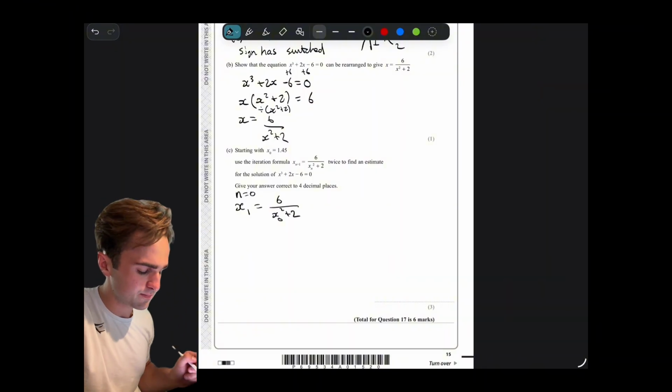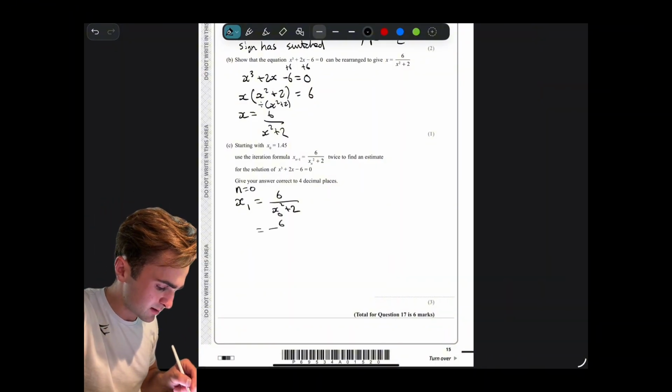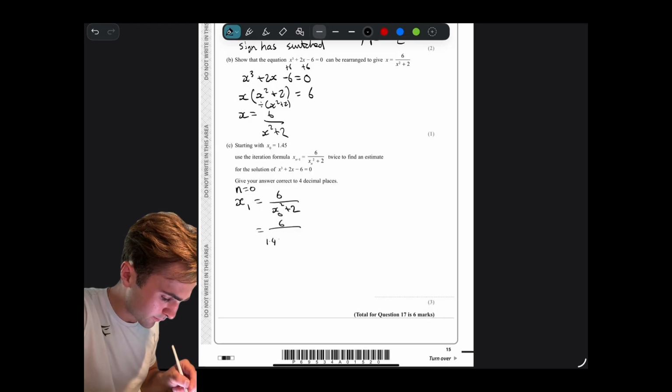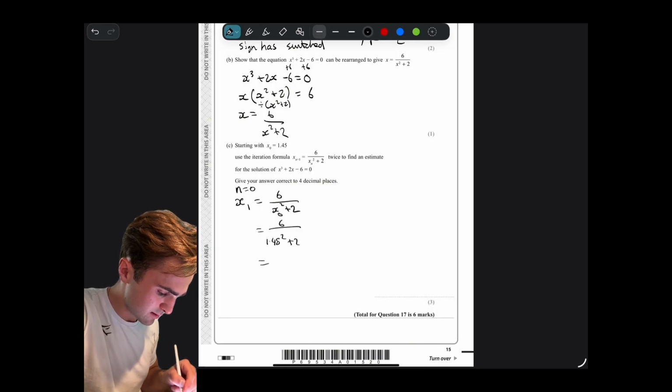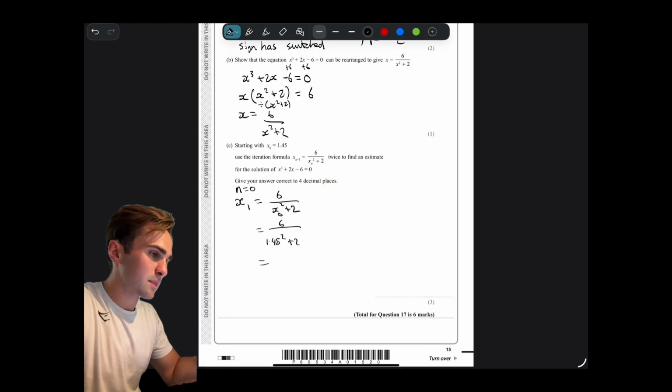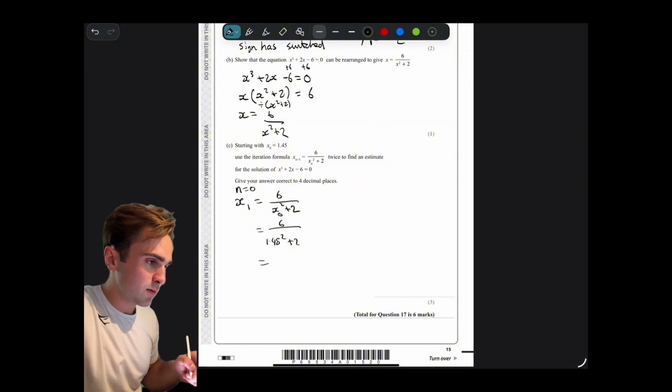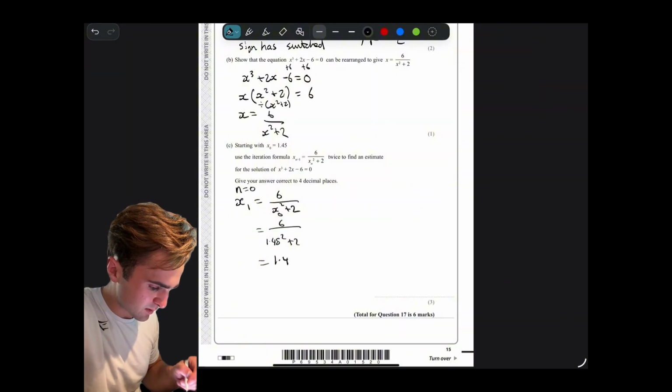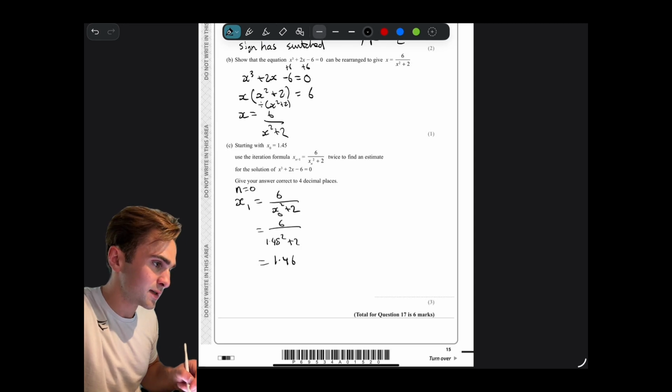So that's where we're going to start. So x1 is 6 over 1.45 squared plus 2, which is 1.4625 to 4 decimal places.